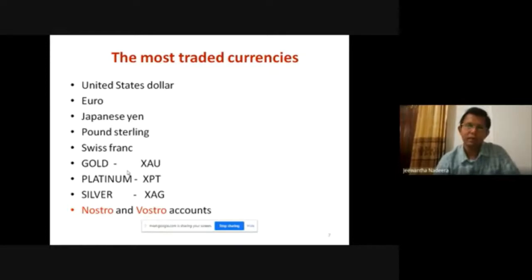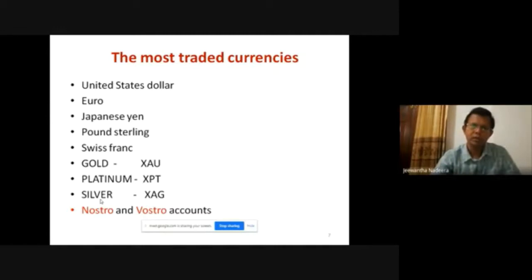The last one we learned was the commodity market. Under the commodity market, gold is one of them, platinum is one of them, silver is one of them. If you say commodity market, everything comes, sugar, flour, everything. But here we are focusing only on financial transactions and financial products.